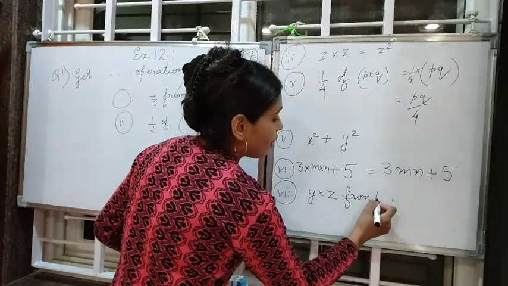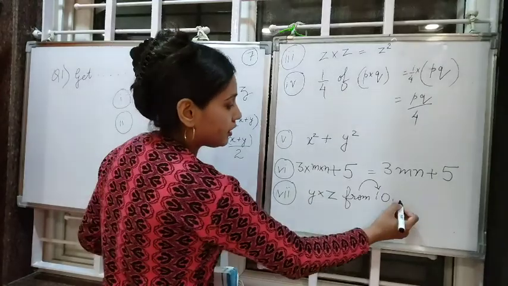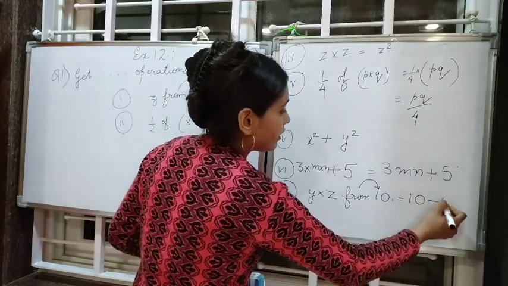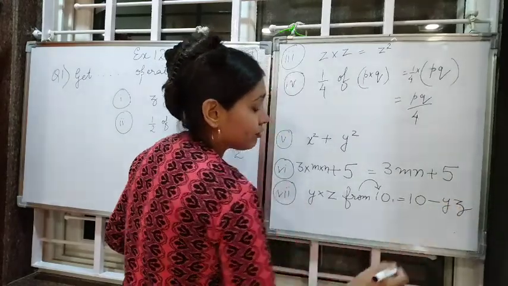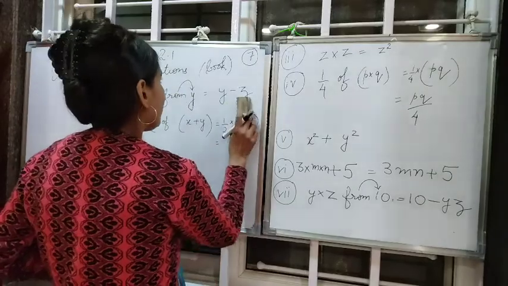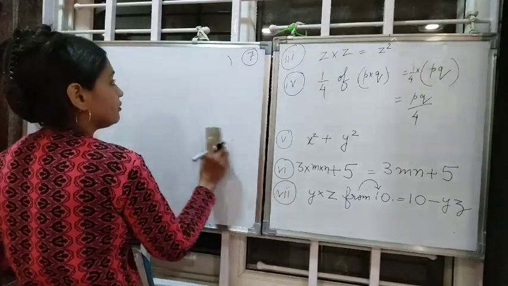Subtracted from 10. So this number will come first, that is 10 minus product of y into z gives us yz. And this completes the seventh part. Then we go to the eighth part.